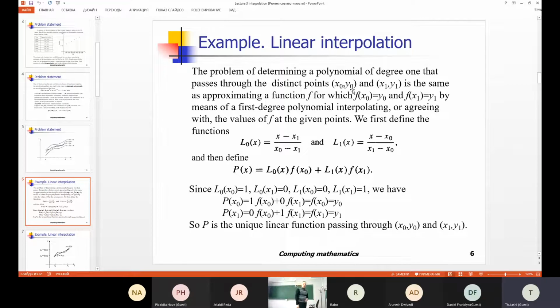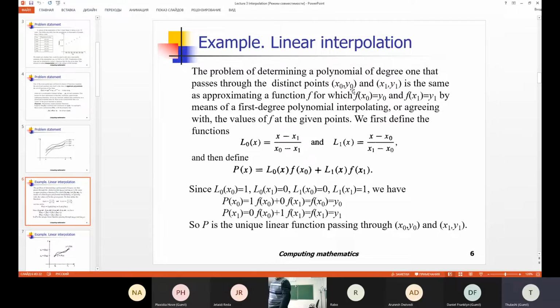In our consideration of interpolation techniques, we start from the very simple case that is called linear interpolation. We come back to my first question. Suppose that we have just 2 points.